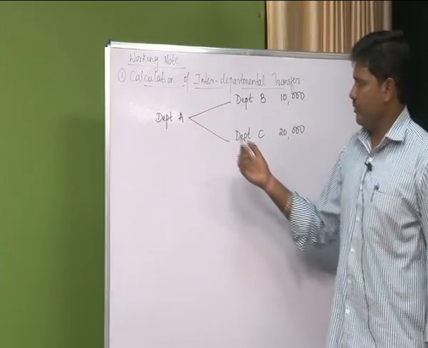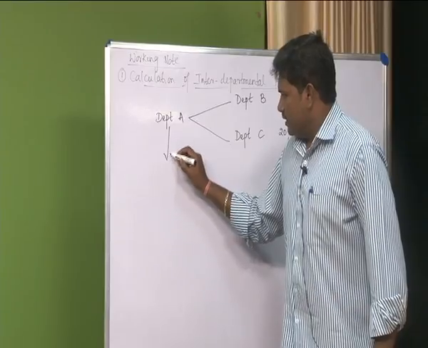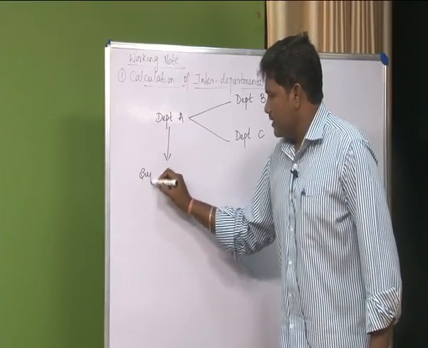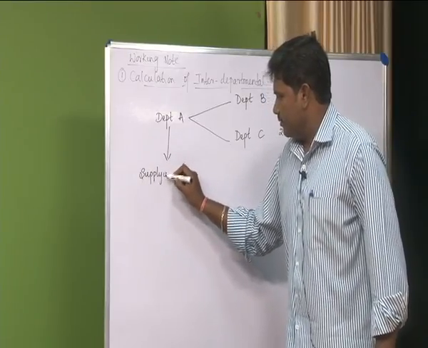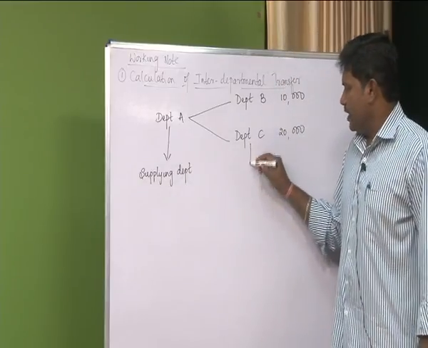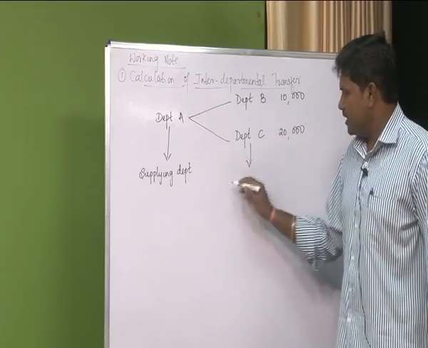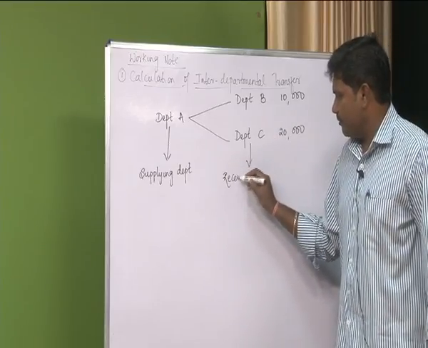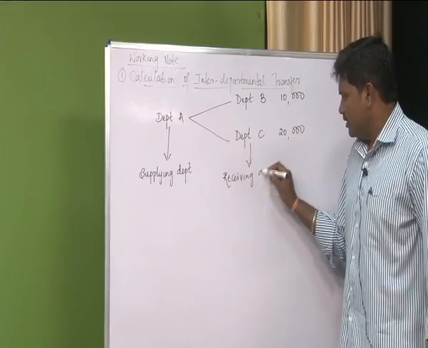Therefore, Department A becomes the supplying department, and Departments B and C become the receiving departments.